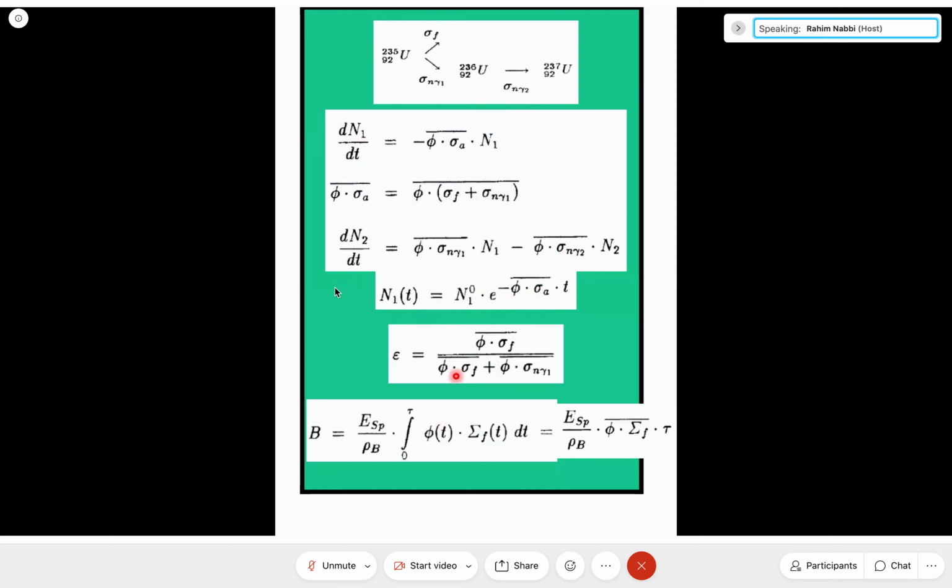So here is, as I said before, phi sigma F or phi sigma A is a mean value.